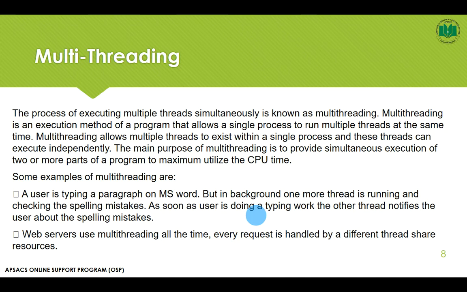If one user is viewing our website, it is working in thread 1. If another user is browsing our website, it will be on another thread, and all the users may have different pages open on our website. So web servers always use multi-threading, 24 hours a day and 7 days a week, because a website is live forever. It cannot stop in any way. So web servers use multi-threading to provide their users ease of access.